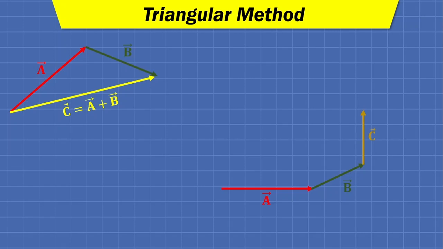So at this time we will put the tail of vector c on the head of b, and by joining the tail of first vector and head of last vector, we will have the addition, that is a bar plus b bar plus c bar. So this is how we can very easily find the addition of vectors.